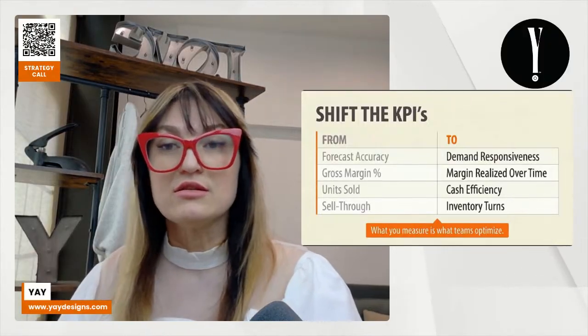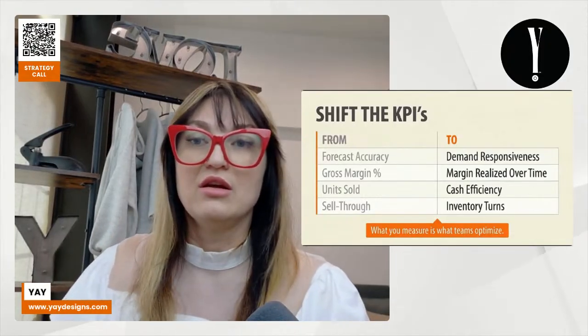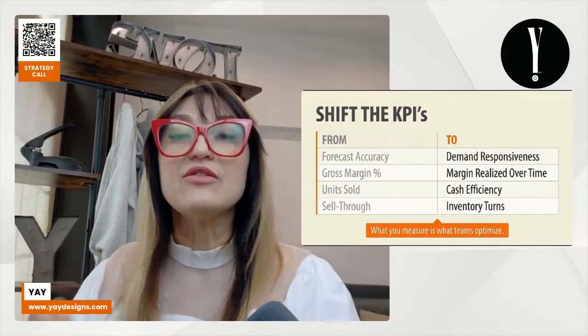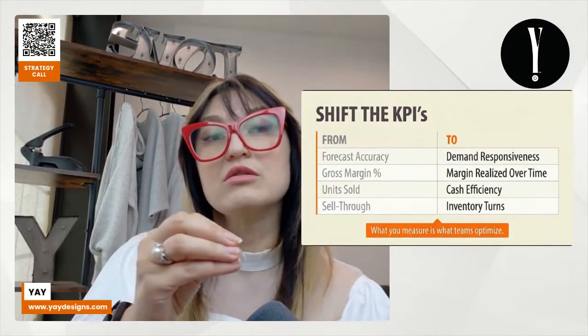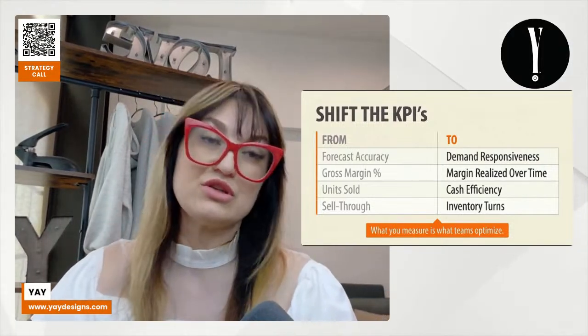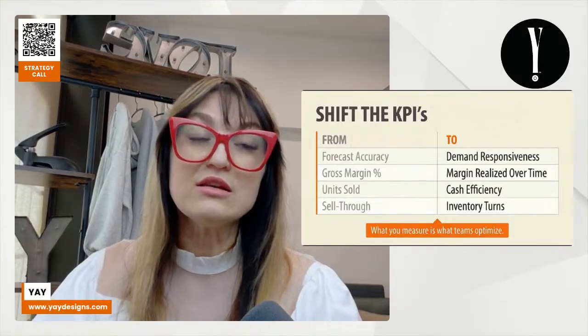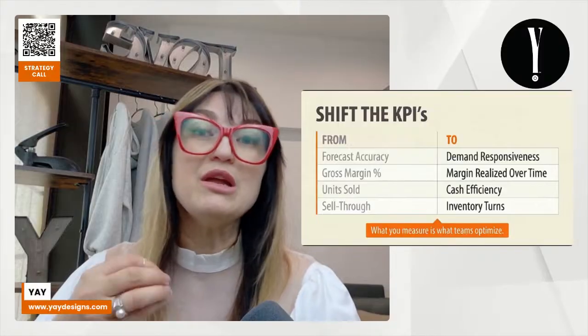Instead of units, you want them to look at cash efficiency. And instead of sell-through KPIs, why not put a KPI on inventory turns and increasing them? Your goal for an apparel business should be a minimum of 3.